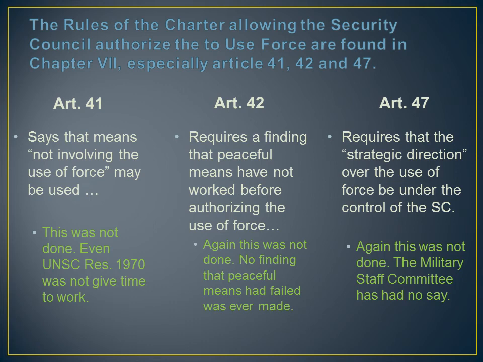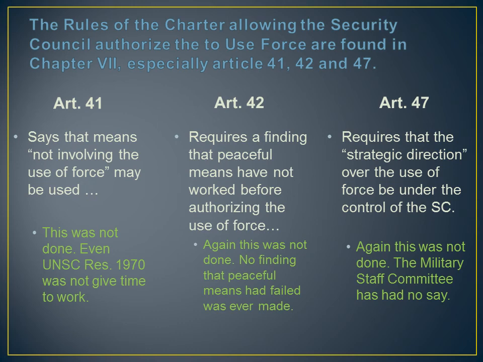Instead, the strategic direction of the use of force under Resolution 1973 has been left to countries who have previously illegally bombed Libya. For example, the United States, which bombed Libya in violation of international law in 1986.